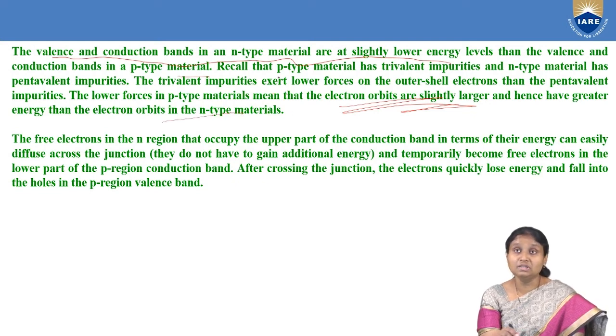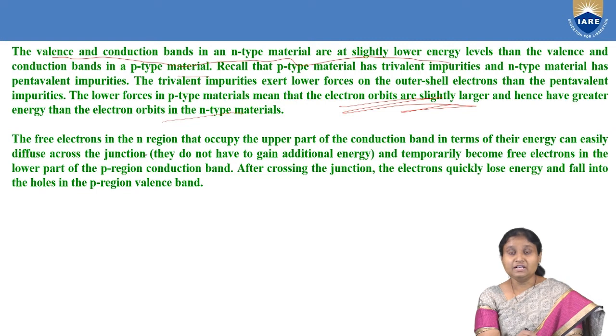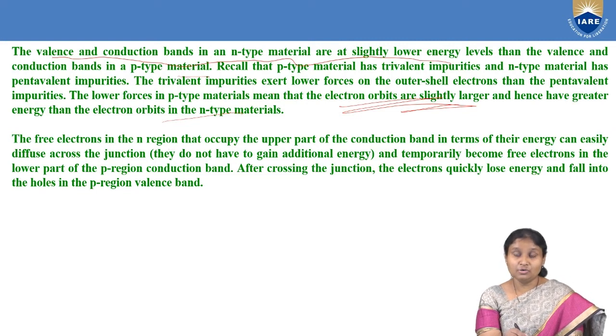Because of all this, the free electrons in the N region that occupy the upper part of the conduction band, in terms of their energy, can easily diffuse across the junction and temporarily become free electrons in the lower part of the P region. So here we are talking about the diffusion process. After crossing the junction, what happens to these electrons?